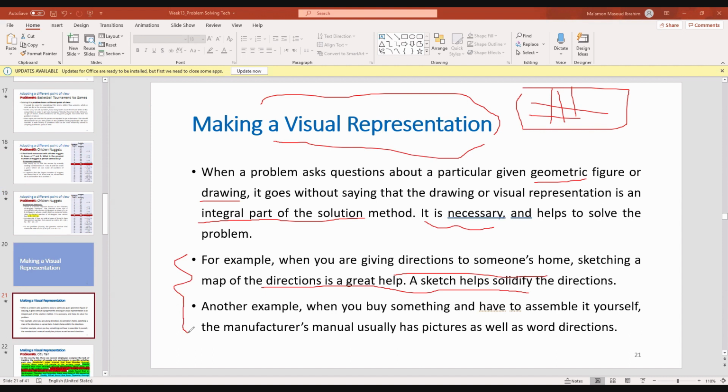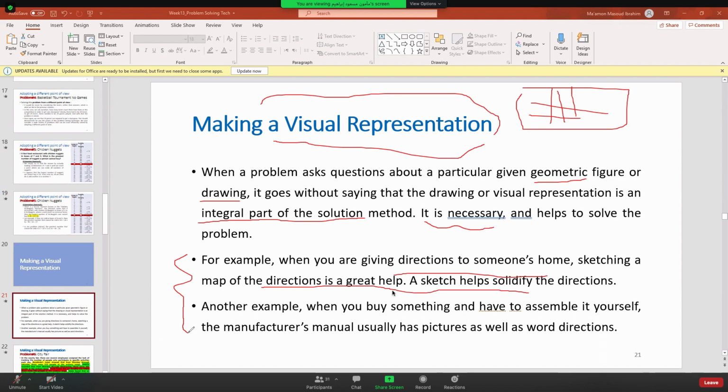And can anyone tell me, maybe in this course or in the software that we are using, an example of visual representation? Anyone can tell me and give me an example of visual representation? Come on guys. Anyone? Like drawing, and drawing on the screen.